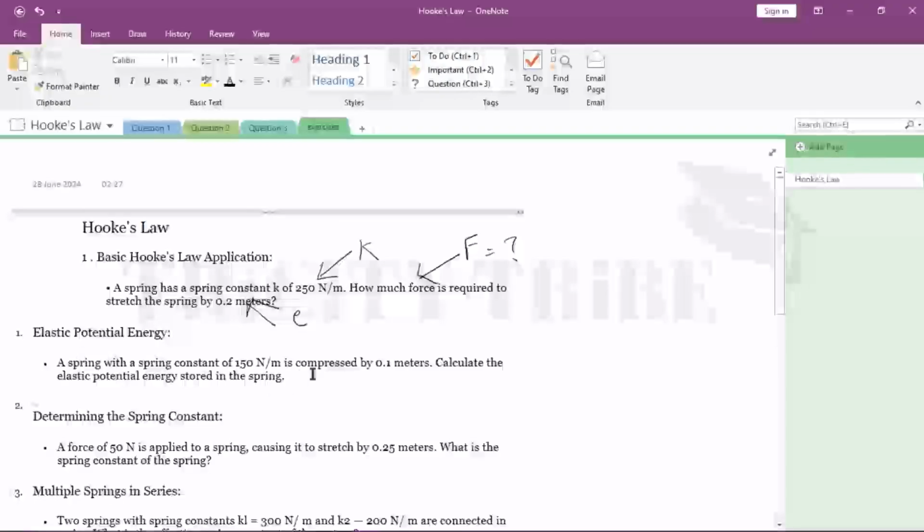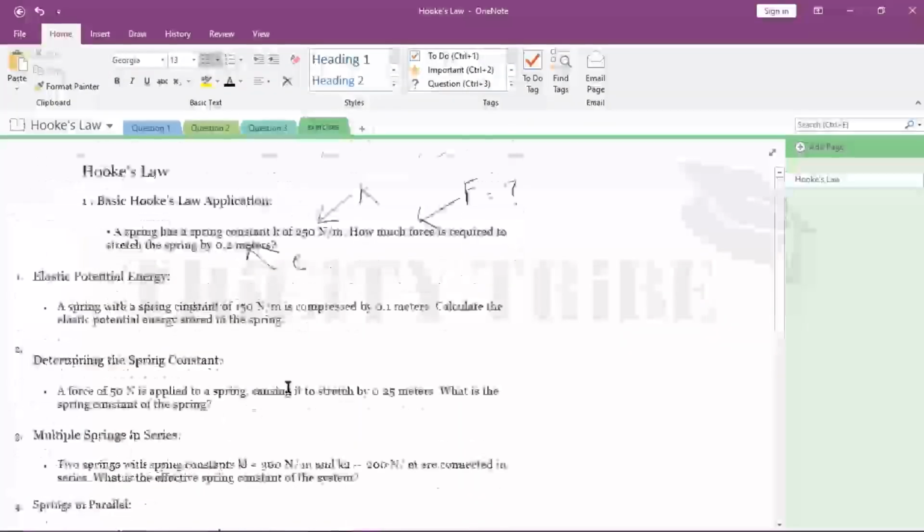Okay, we have the next question. The next question says a spring with a constant of 150 Newton per meter is compressed by 0.1 meter. Calculate the elastic potential energy stored in the spring.